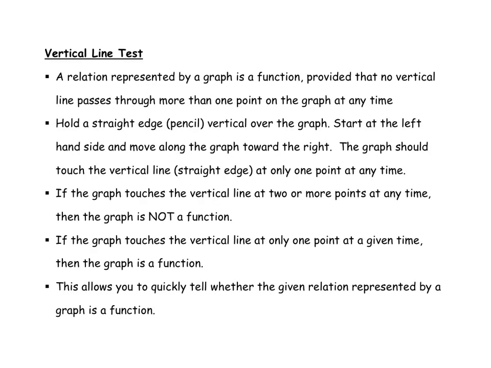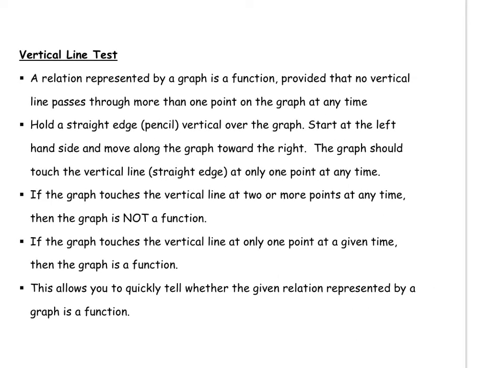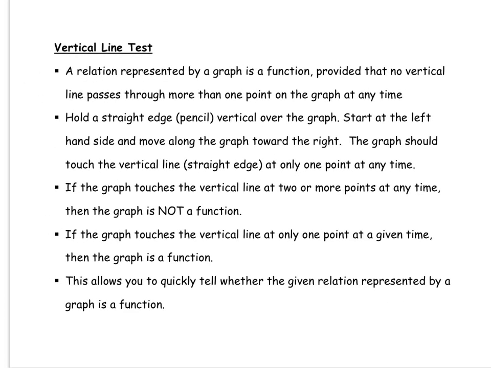The next thing you need to know is the vertical line test. The vertical line test says this: a relation represented by a graph is a function provided that no vertical line passes through more than one point on the graph at a time. To do the vertical line test, hold a straight edge like a pencil vertically over the graph.